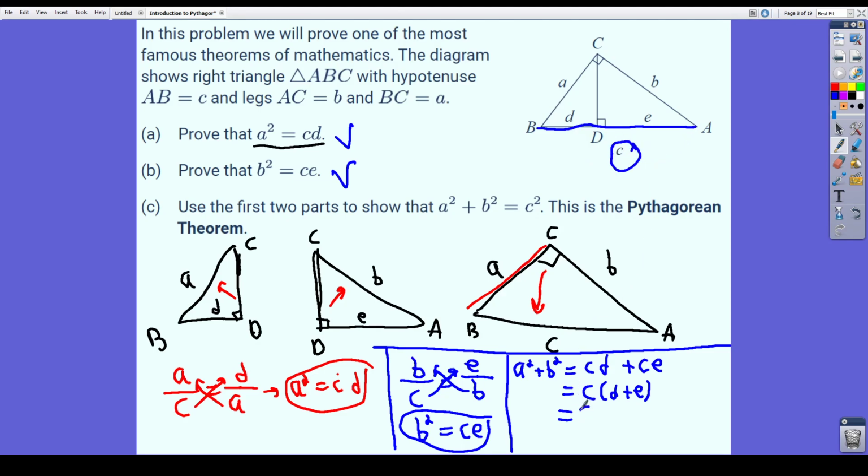So what this really amounts to is c times c, which is c squared. So I've just proven that a squared plus b squared is equal to c squared, proving the Pythagorean theorem.